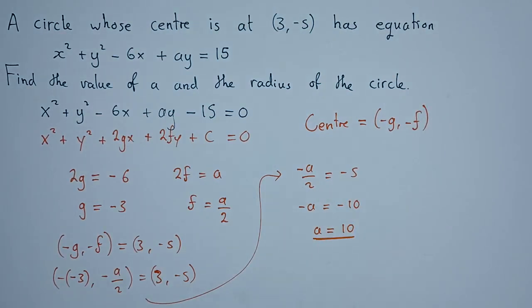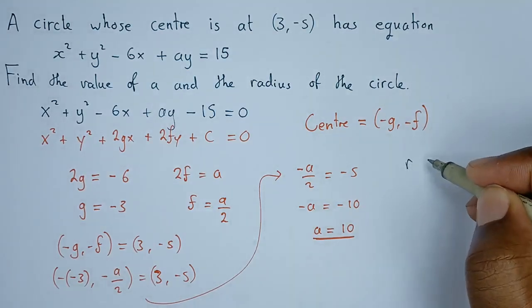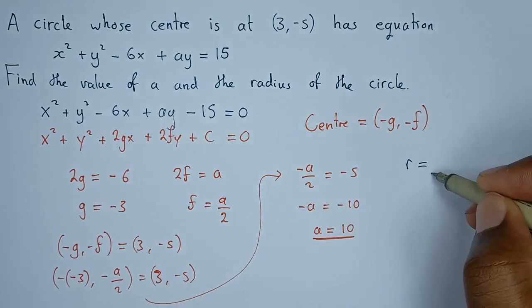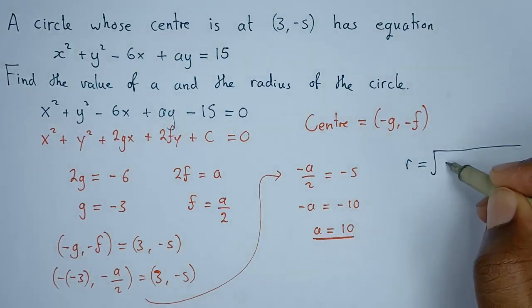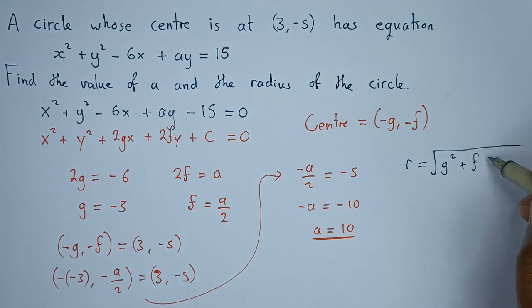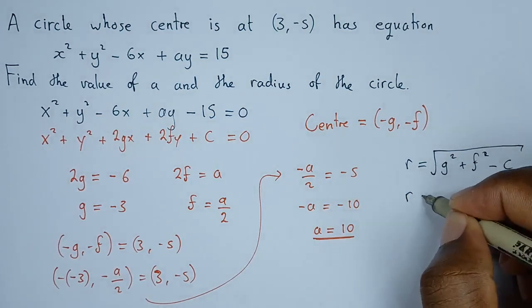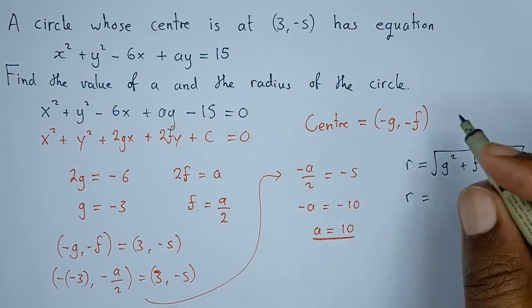Now, how can we find the radius? So now, to find the radius, we found the value of a. The radius r is given by the formula, the square root of g squared plus f squared minus c. Okay, so what's our value of g?